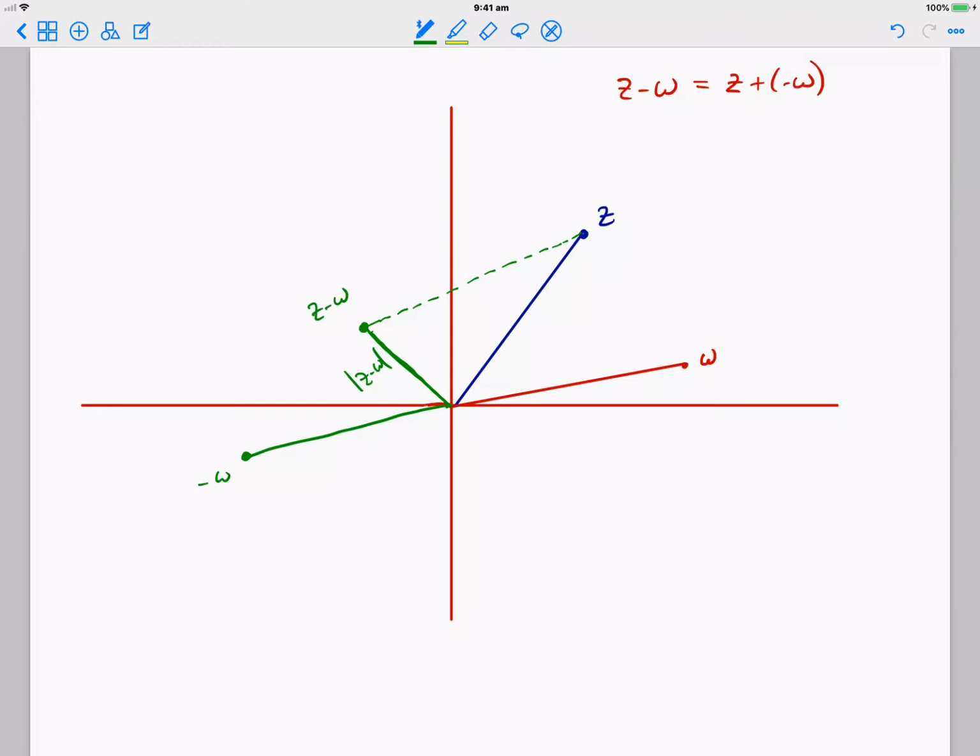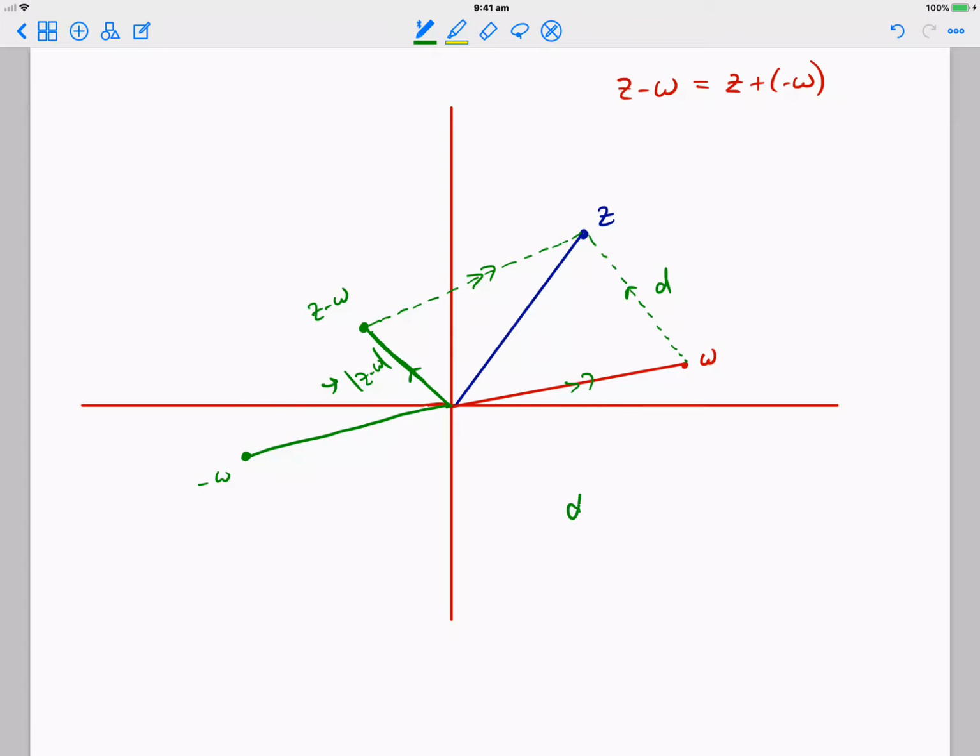Now if you think about it, that distance is the same as this distance. Because the way I've added these complex numbers, I've really formed a parallelogram. It might not show in my drawing because my drawing skills are terrible, but this right here is a parallelogram. And so this side here, which before I called d, has the same length as this side here, which I just established is the modulus of z minus w.